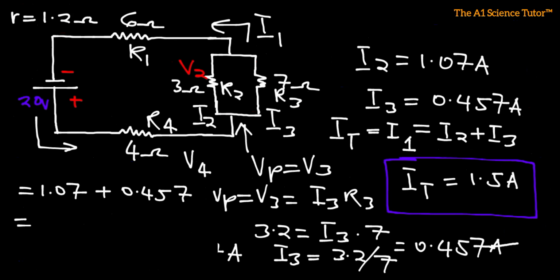So this gives us 1.527, which is approximately the same thing as 1.5 to 1 decimal place. So this is actually correct, and we have actually solved every question within this problem.